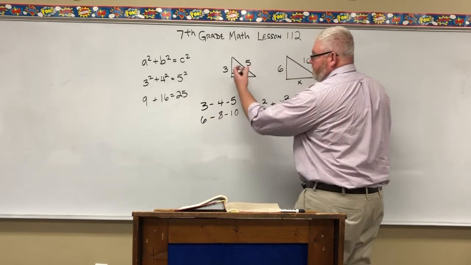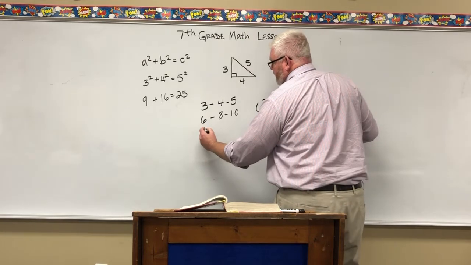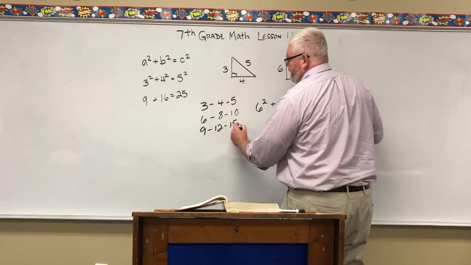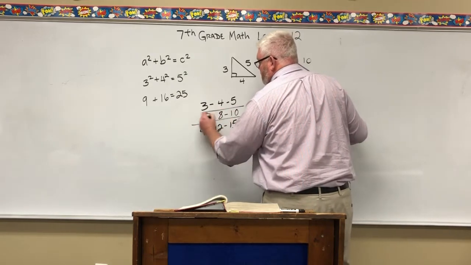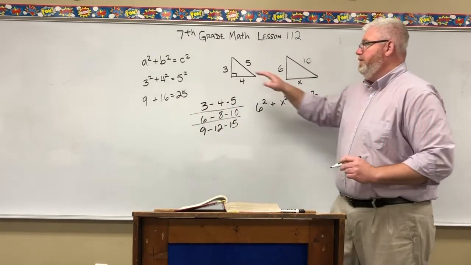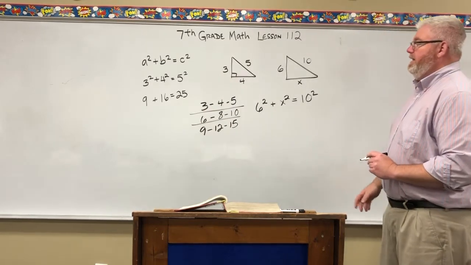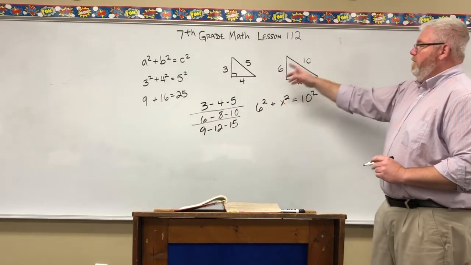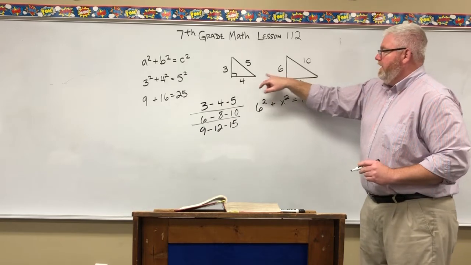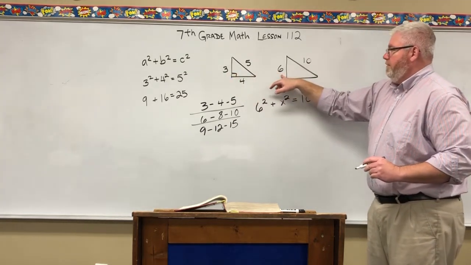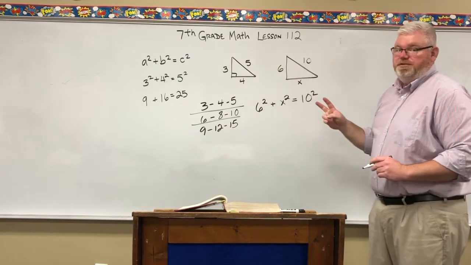If I multiply this by 3, it would be 9 and 12 and 15. Now, all of these still hold true to the Pythagorean theorem. A squared plus B squared equals C squared. So I can look at this and know, well, this side is the same as the 3 over here. 3 will go into 6 2 times. 5 goes into 10 2 times.